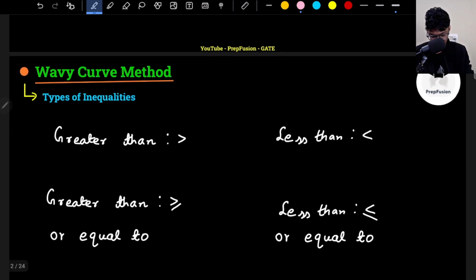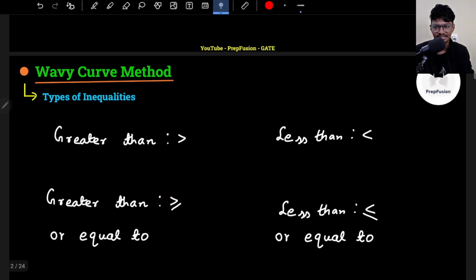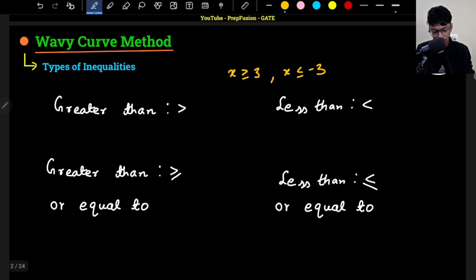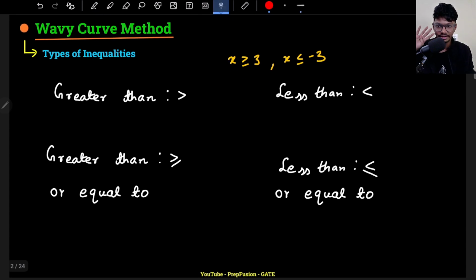Inequalities do not say that x is exactly equal to something; they specify a condition, such as x is greater than or equal to 3, or x is less than or equal to minus 3. These are known as inequalities. We mainly have four types of inequalities: greater than, less than, greater than or equal to, and less than or equal to.